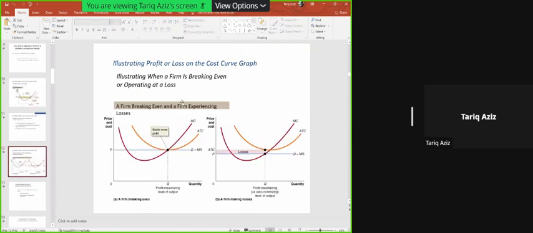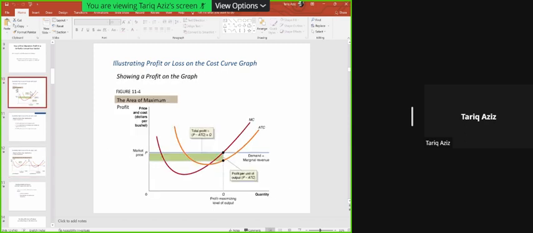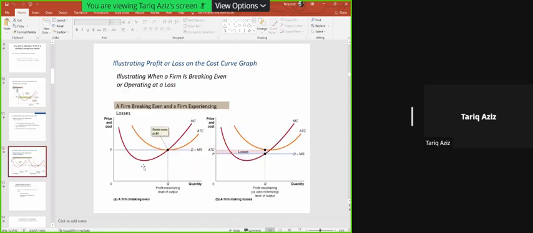These are the two more situations. Initially we saw this graph in which the firm is experiencing a profit. And these are the two more situations, in which the first case, the firm is just breaking even. Breaking even means average total cost is equal to the marginal revenue or the price.